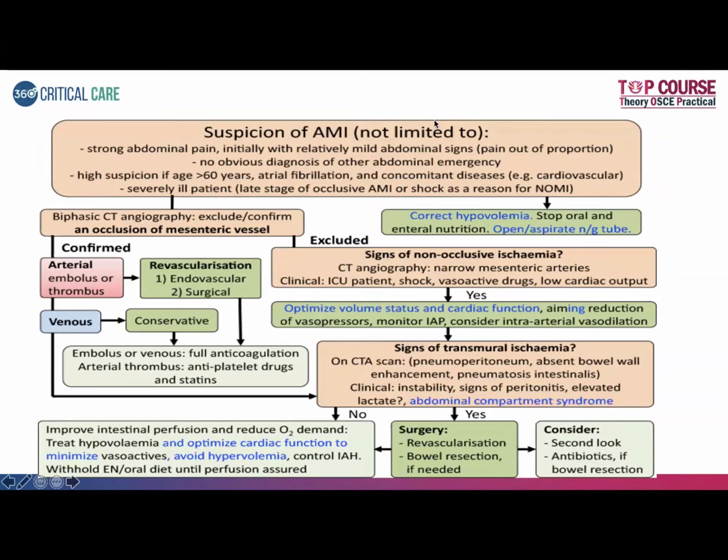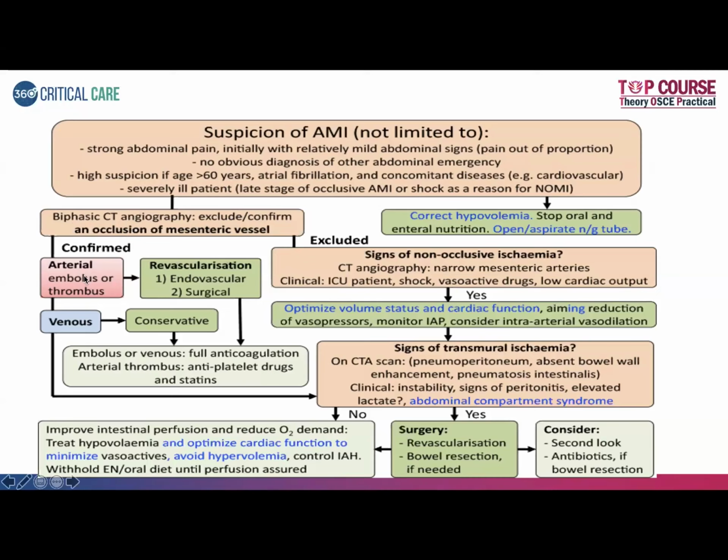When there is a suspicion of mesenteric ischemia, go ahead with the CT angio. First, correct hypovolemia and electrolyte imbalance, stop enteral nutrition, continuous Ryle's tube aspiration, abdominal girth monitoring, which is normally something that we do in our ICU. Do a CT to look for occlusion of the vessel.